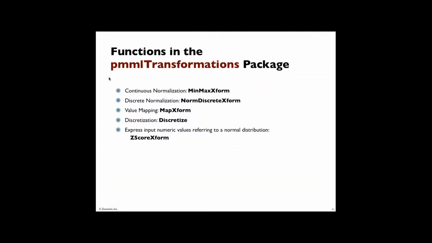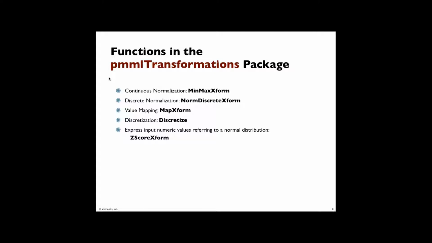All right, so again, for this version, these are the transformation functions included right now. I'm going to go through these in a little more detail right after this. The min-max transform is really a continuous normalization, a linear transformation.